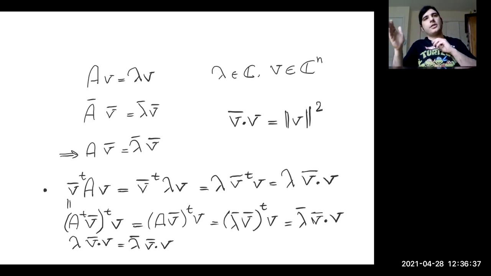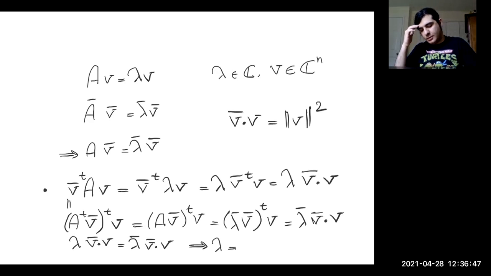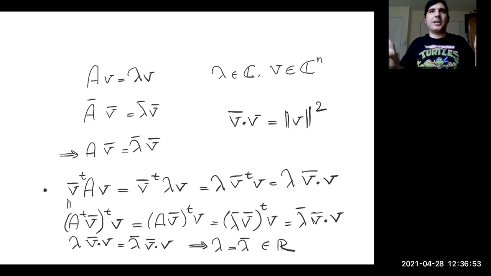So this would be the norm of the vector squared. It would be non-zero if V is non-zero, and we assume that the eigenvector is non-zero. Therefore, lambda is equal to lambda bar. Therefore, it is real. And if it has a real eigenvalue, it would have a real eigenvector.